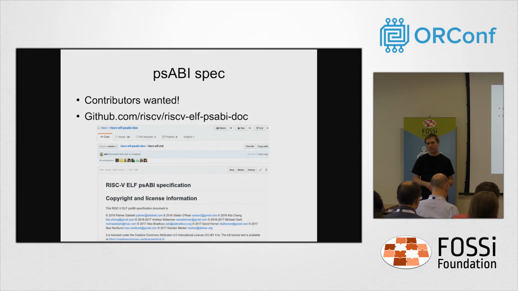And more recently, there's been an effort to more clearly specify the processor-specific ABI. So the calling convention details about stack layout, ELF relocations, basically everything that you may not want to know the precise details of as a software author, but you want to know that everybody's conforming to the same thing, because otherwise your libraries aren't going to link together properly.